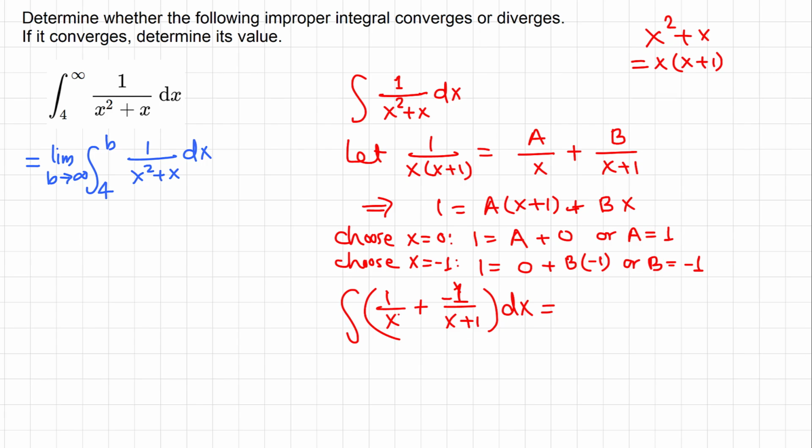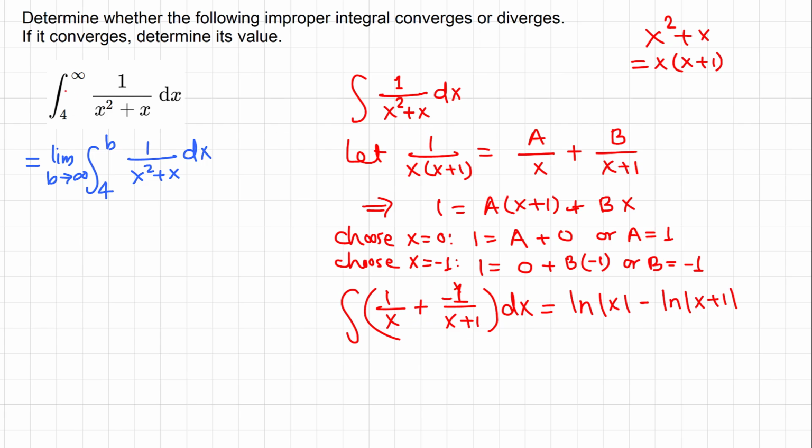We have two terms. The antiderivative of 1 over x is simply the natural log of the absolute value of x. Then negative, 1 over x plus 1. The derivative of x plus 1 is 1, so this is also the natural log of x plus 1. The antiderivative of 1 over x plus 1 is this one.